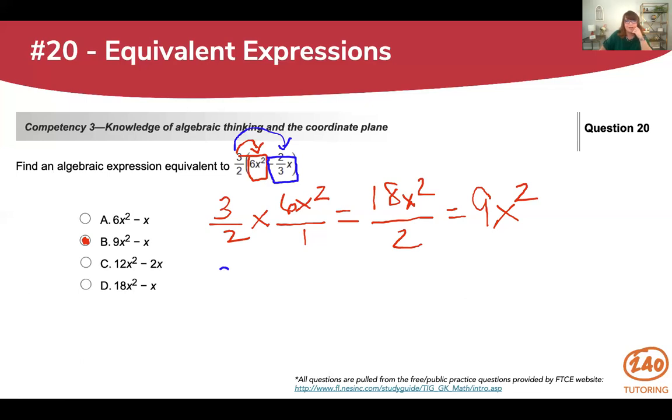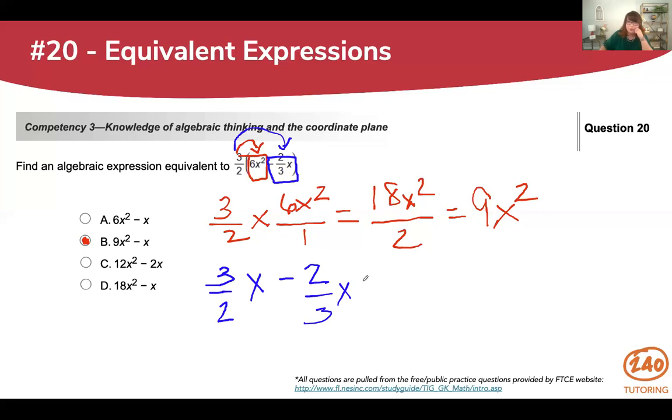And so I have 3/2 times. Now, notice that was minus right there. That is a negative 2/3 x. All right, negative 2/3 x.